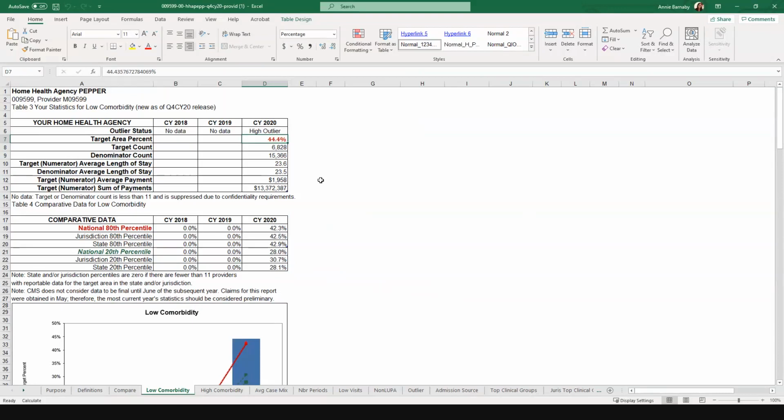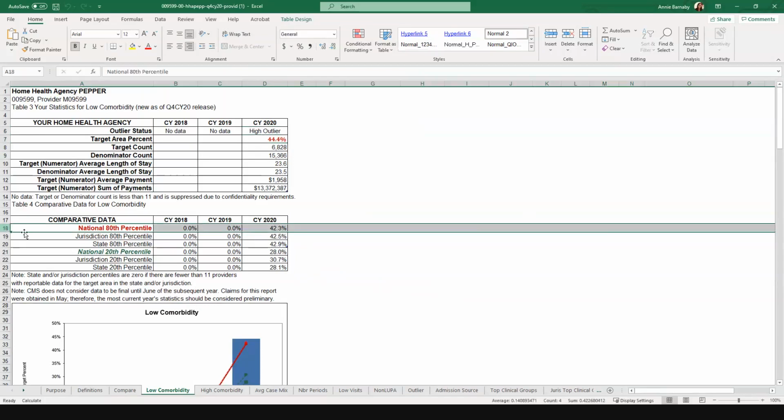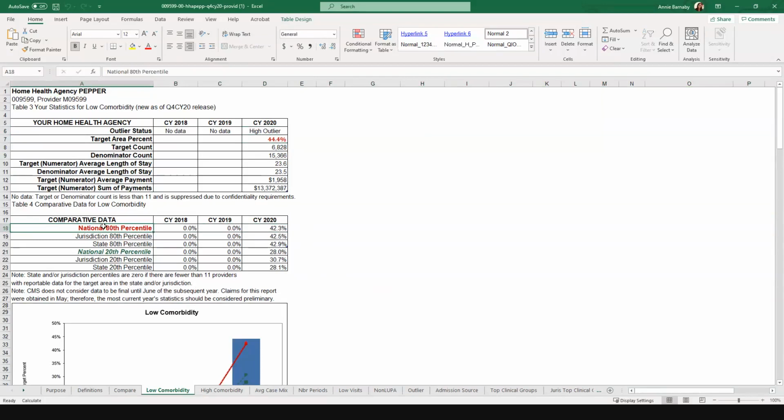So this is just another way that information, that data kind of jumps out at you. Again, it's listed here as well, the outlier status, high outlier. It's in red bold font so that you can see. And then down here, it shows you in the comparative data, the national 80th percentile. Where did that line go through on that ladder?